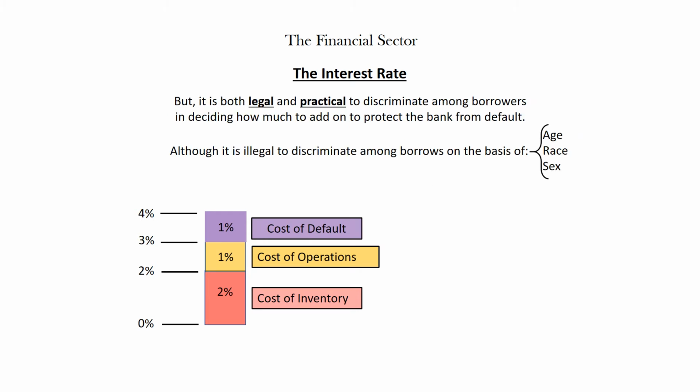Now, it is illegal to discriminate among borrowers based upon their age, race, or sex, but it is totally legal and practical to discriminate among borrowers based upon the lender's perception of the risk of losing money by dealing with a particular borrower. A bank wants to charge the borrower the lowest rate possible.